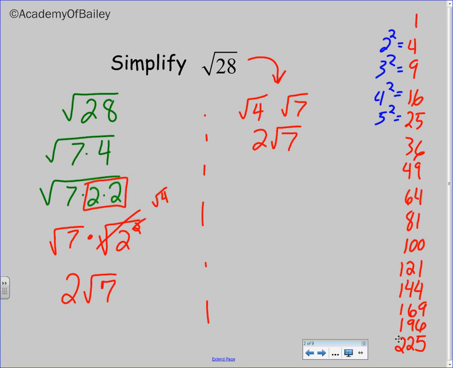So you should be able to do it both ways. I prefer you use the method on the right because it goes by a lot faster. But if you can't use the method on the right, then you need to be able to break it down like the method on the left.